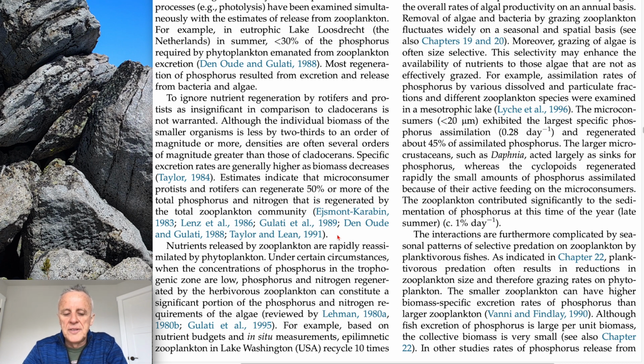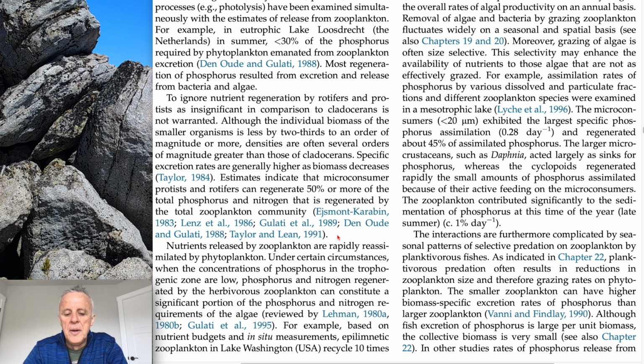Under certain circumstances, when the concentrations of phosphorus in the trophogenic zone are low, phosphorus and nitrogen regenerated by the herbivorous zooplankton can constitute a significant portion of the phosphorus and nitrogen requirements of the algae.